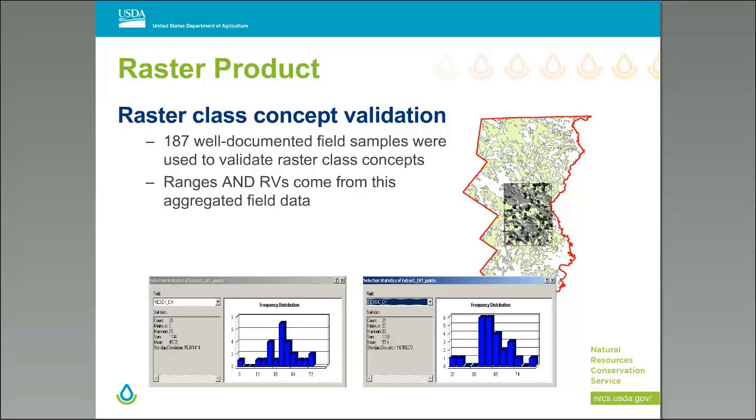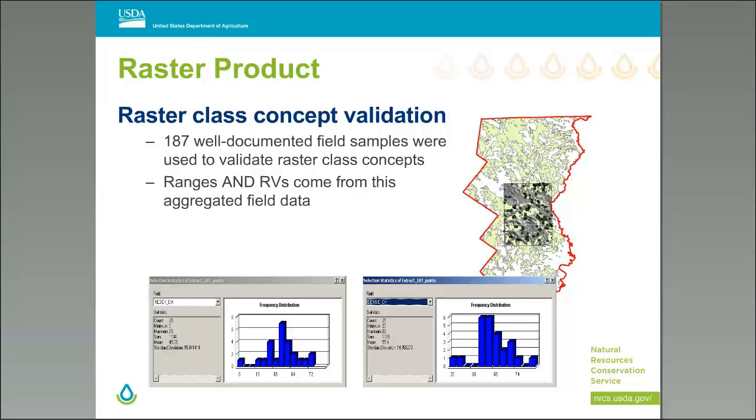And the ranges and the RVs that were populated in NASIS actually came from this aggregated field data. So you can see just at the bottom, it's just a couple of examples of the basic stats that you can run in ArcGIS on things that were collected at each of these.